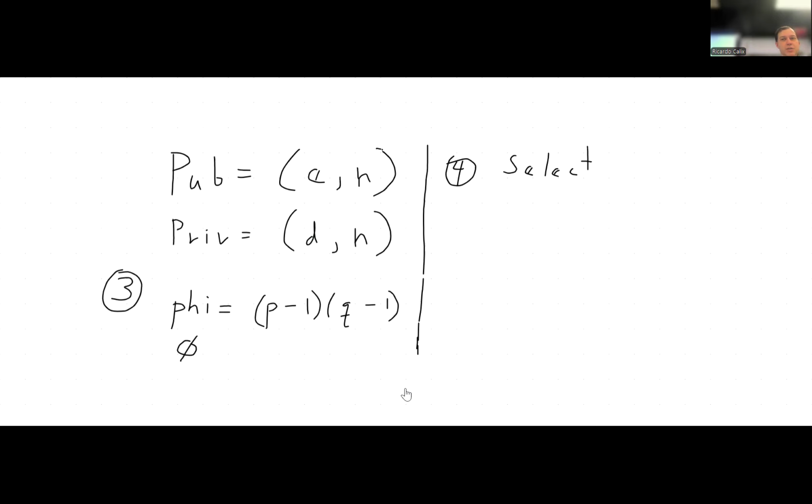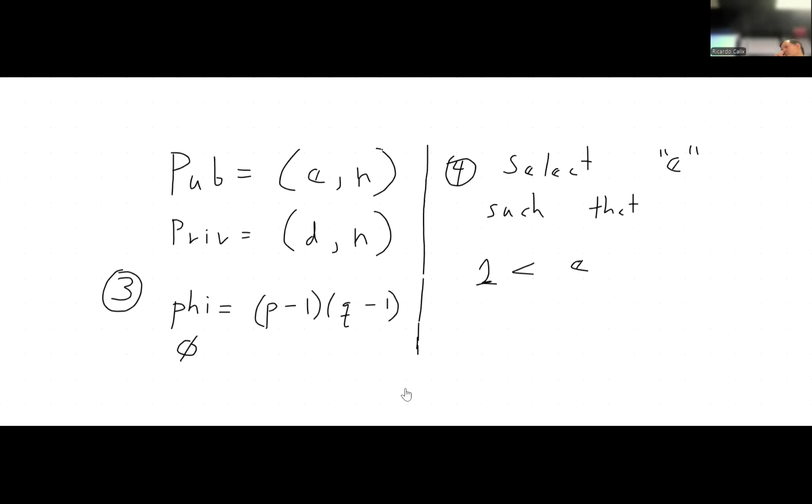So select an integer e such that it meets condition 1: e is somewhere between 1 and phi.